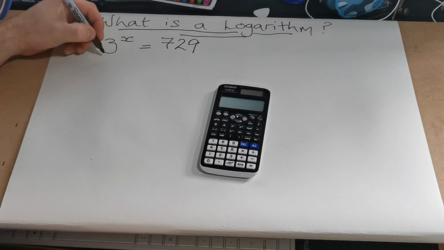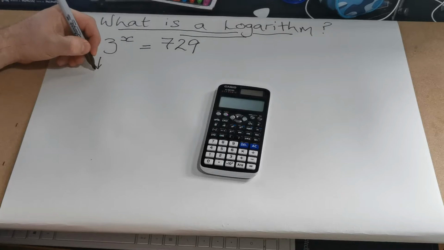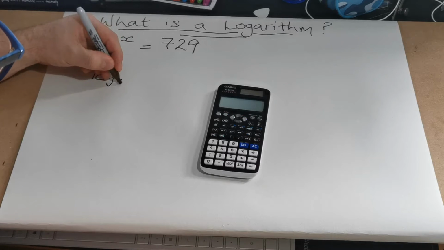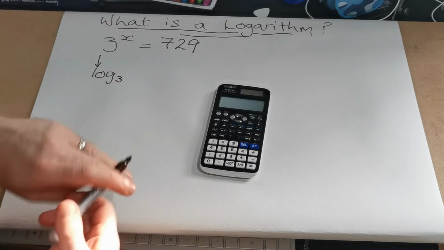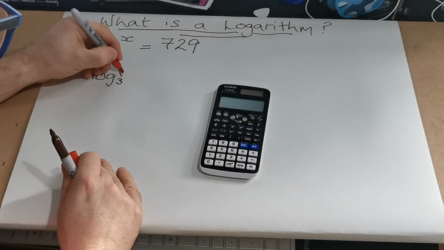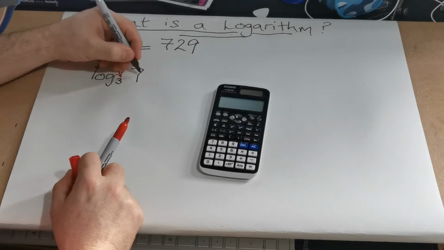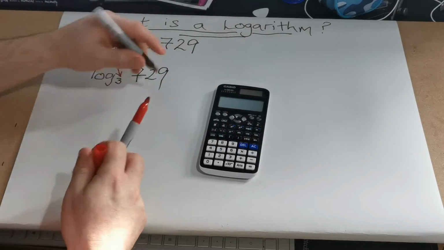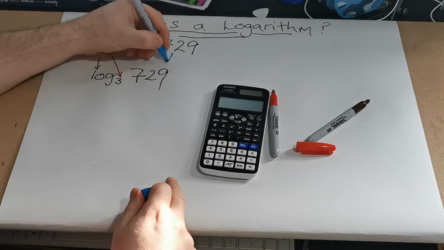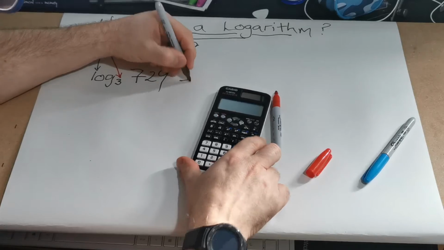So if I said, put into my calculator log, and then we have a thing called the base 3, so that always relates to this number, of 729, which is always going to be this number, and then equals.